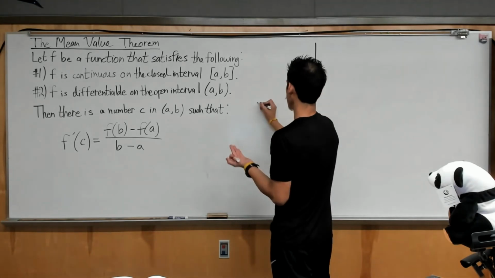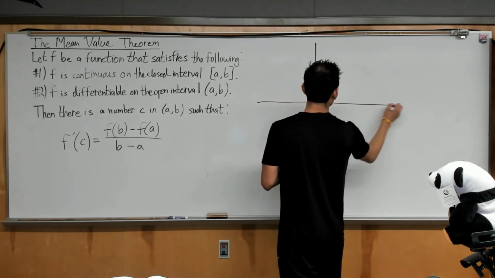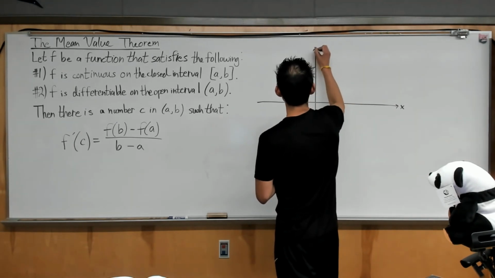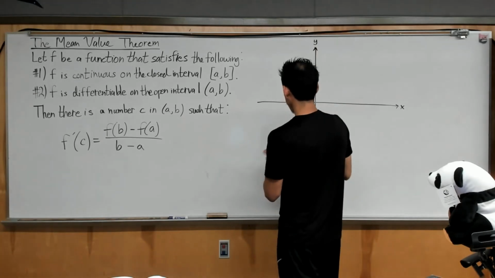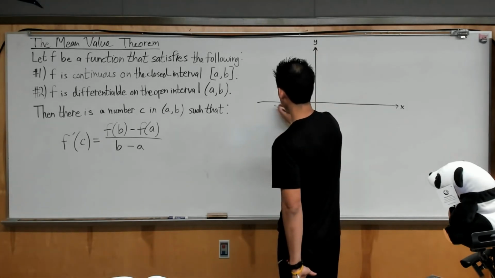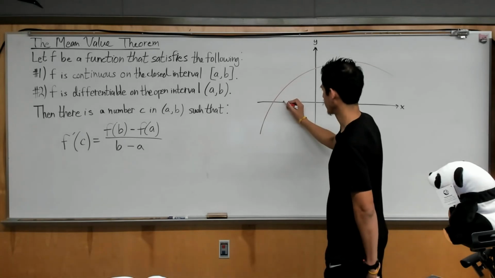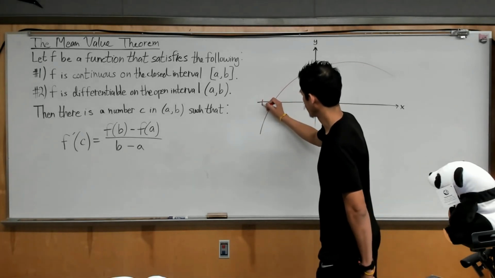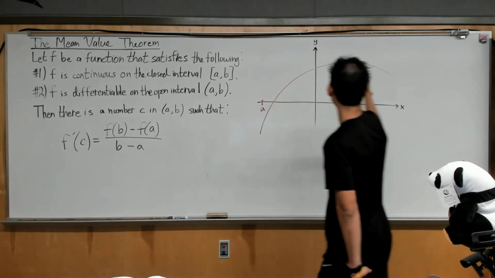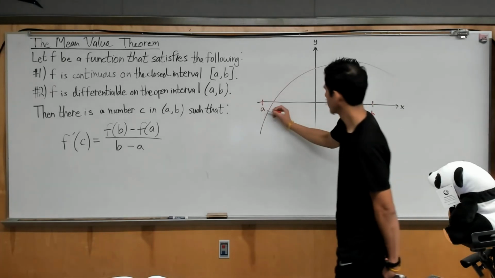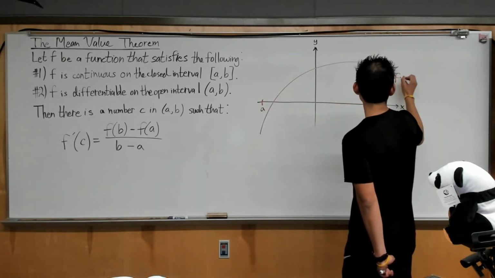I'm going to just draw a random curved function, and you'll be amazed at how this works. So let's say I'm drawing a function like this, and I'm going from, this will be a, and b is going to be over here. So here's my function f.